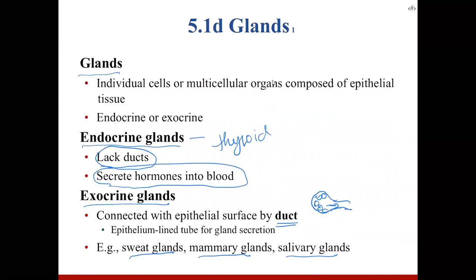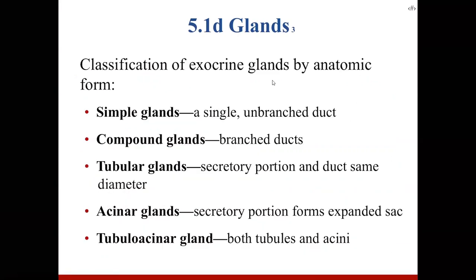The first thing we did is organize by how they get rid of stuff and where the stuff goes. The next way we organize it is by what they look like. I'm not worried that you can draw these. I just want to go over it quickly, no big deal.